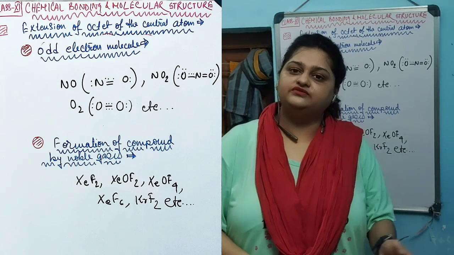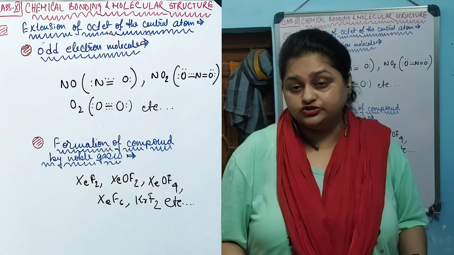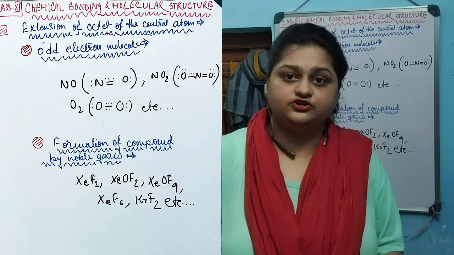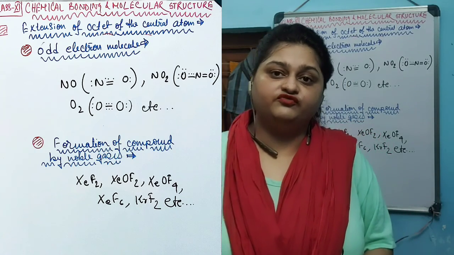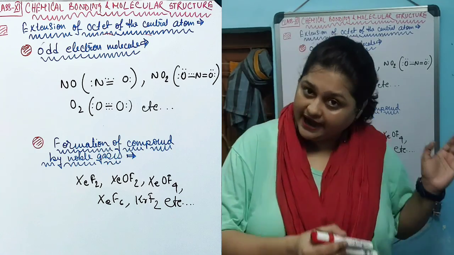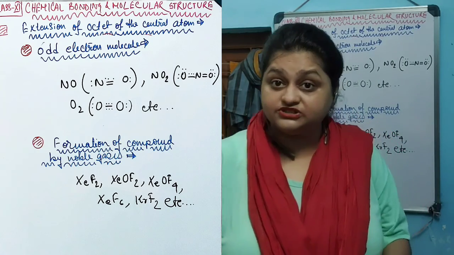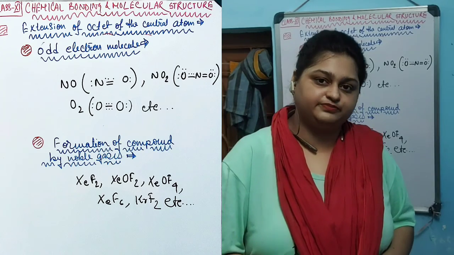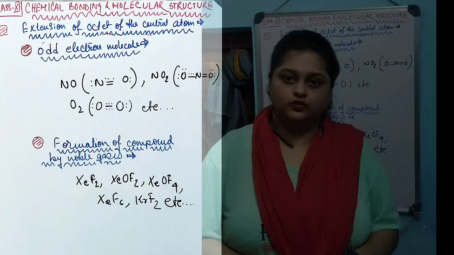Not only that, in the previous examples that we had done, in which expansion of the octet or incomplete octet was observed in the central atom of a compound, the explanation for the formation of this kind of stable compound could not be explained on the basis of the octet rule.